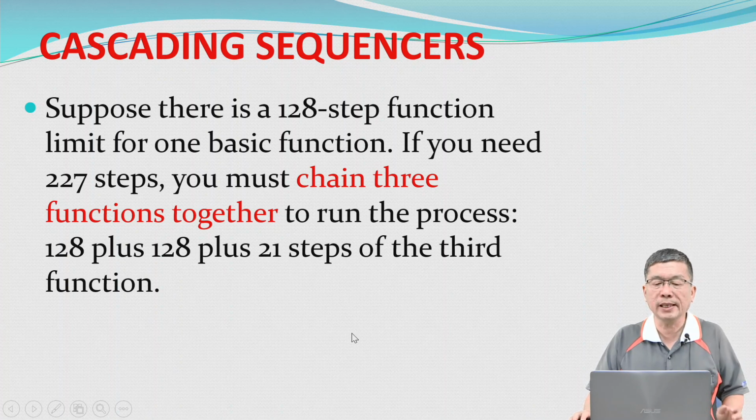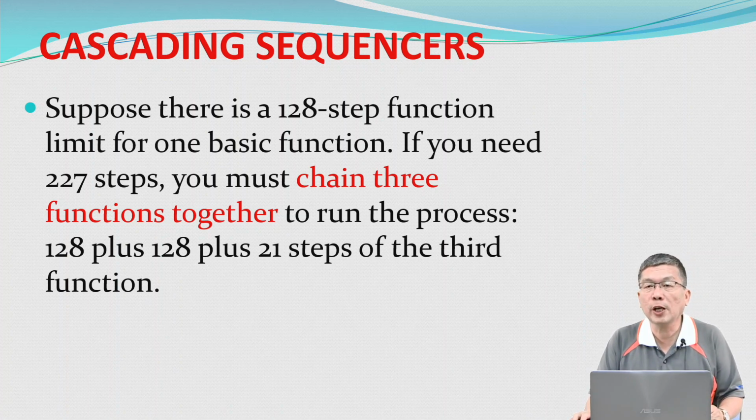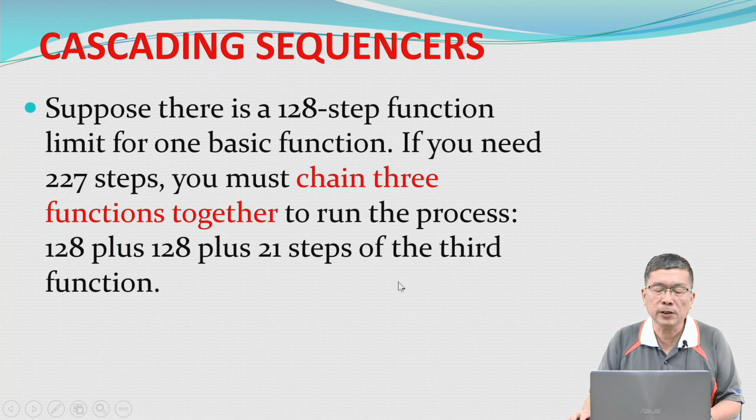Suppose there is a 128-step function limit for one basic function. If you need 227 steps, you must chain 3 functions together to run the process: 128 plus 128 plus 21 steps of the third function.